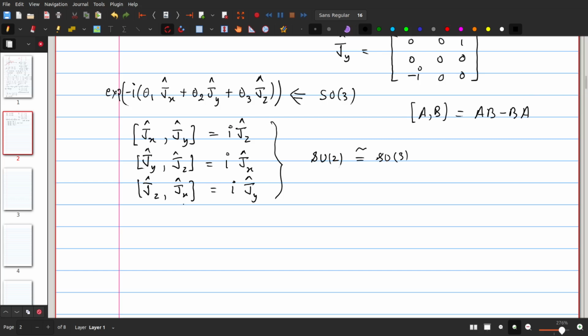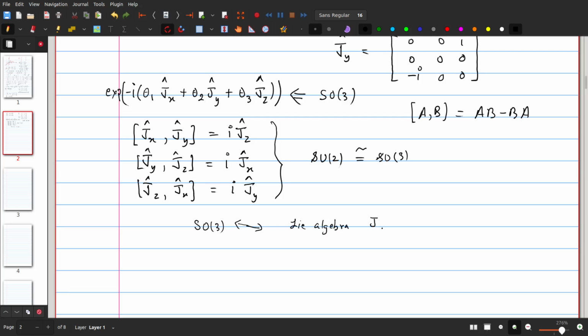So in this lecture we have seen that the SO3 group has a corresponding Lie algebra, or as they are called in physics literature, infinitesimal generators, and its corresponding Lie algebra is three-dimensional.